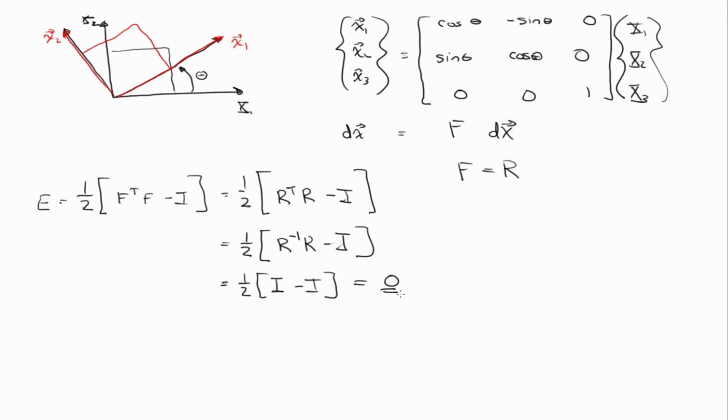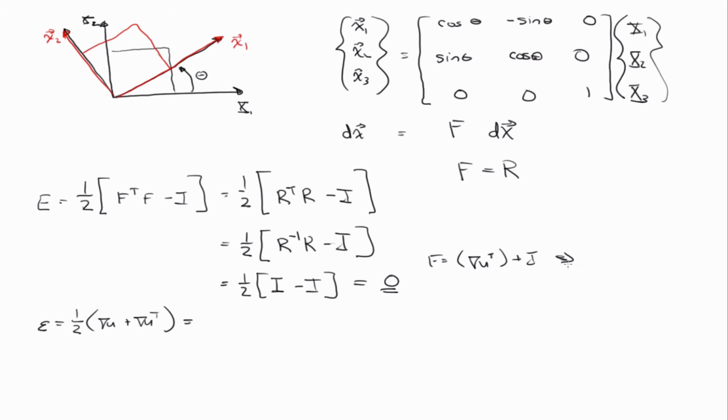Okay. Let's try the same thing for the small strain measure. So the small strain measure, remember, is like 1/2 (grad U plus grad U transpose). And remember, F is grad U transpose plus I. Right?